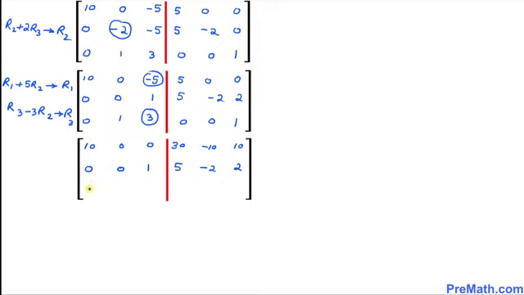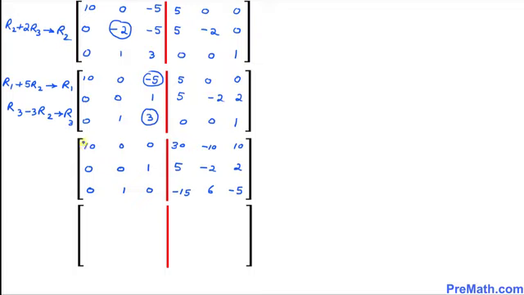And finally, the third row is going to become 0, 1, 0. And on this right hand side, this is going to become negative 15, 6, and negative 5.